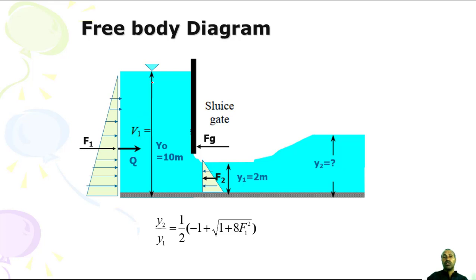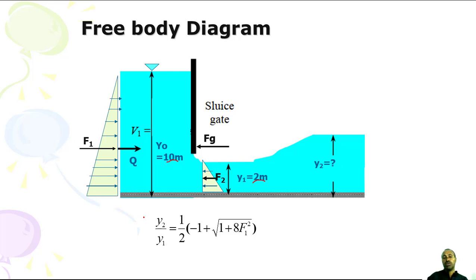You have the upstream water depth, which is 10 meter, and the downstream water depth of 2 meter. Then you have to draw the hydrostatic force diagram, which is a triangular distribution like this. Then you have to compute V1, Q is already given, and F2, which is this one. And the force on the gate will be in this direction.